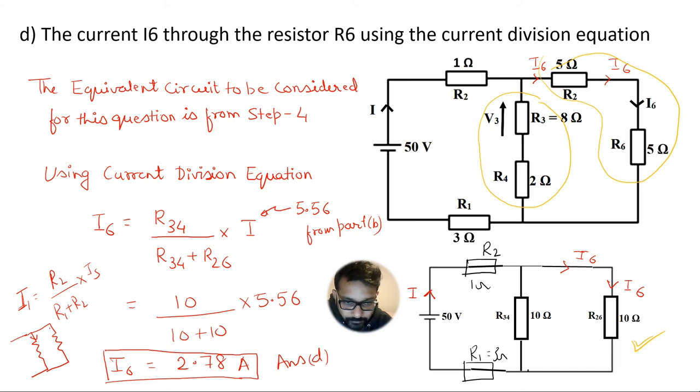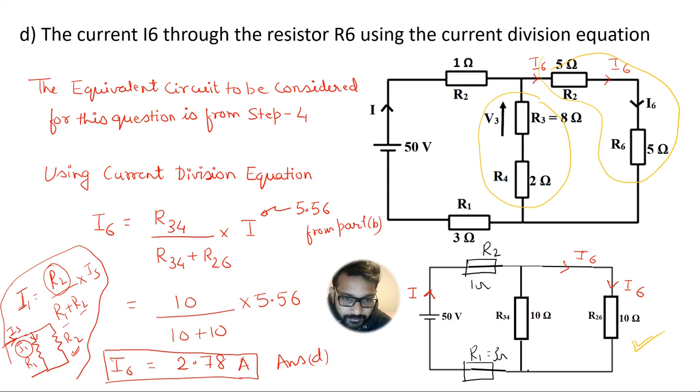Sorry, this is I1, R1, and this is R2. If we have to calculate I1, we have to consider R2, the other resistance. The other resistance should be on the top, and then divided by R1 plus R2 multiplied by the supply current. So this was your current division rule.